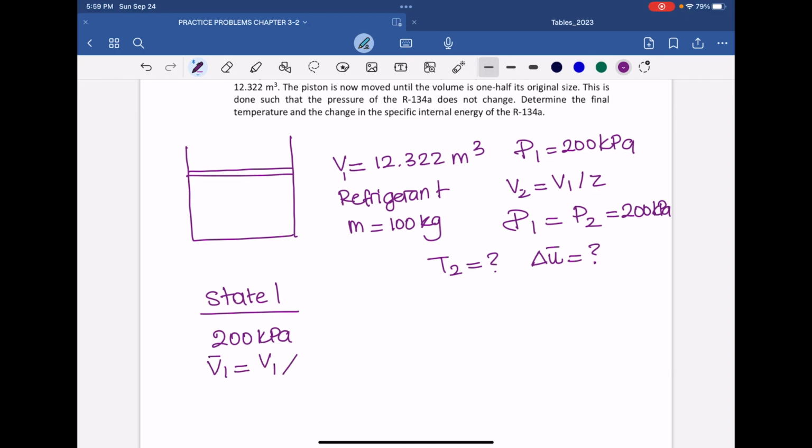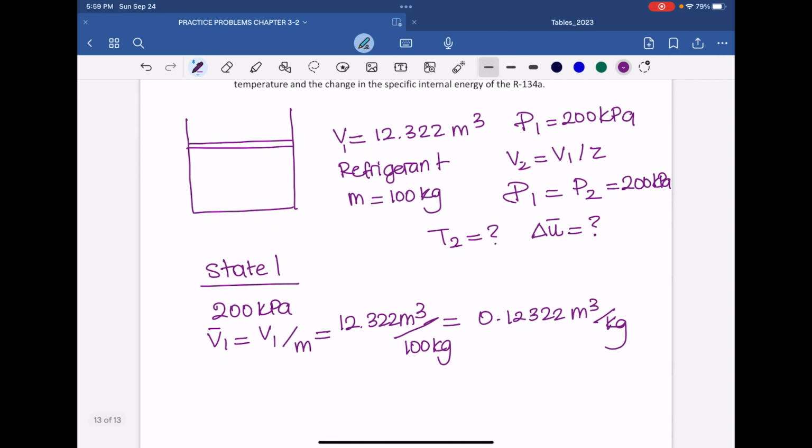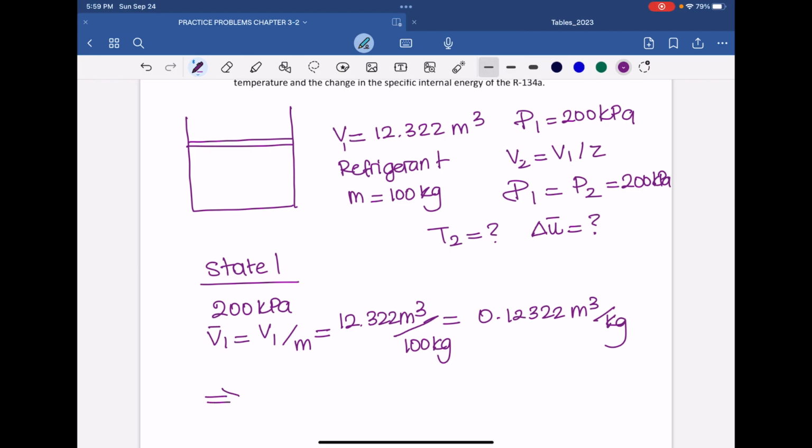The volume over mass. Why is this important? Because once we know pressure and the specific volume, we can look at the right tables. So let's take a look at the refrigerant tables.